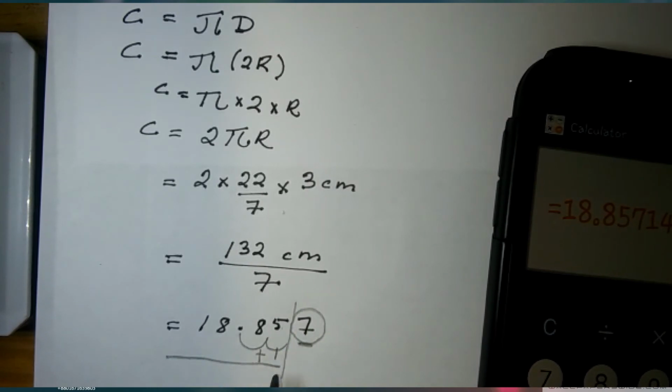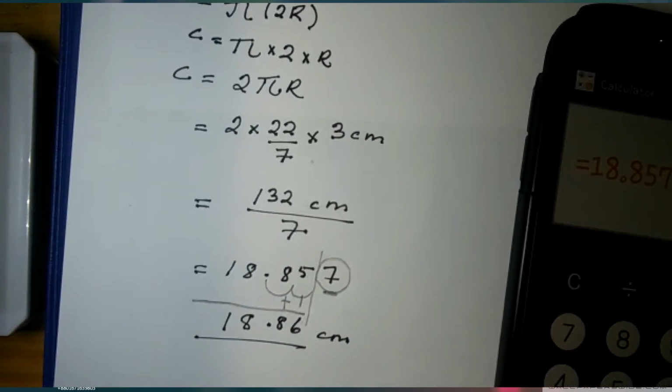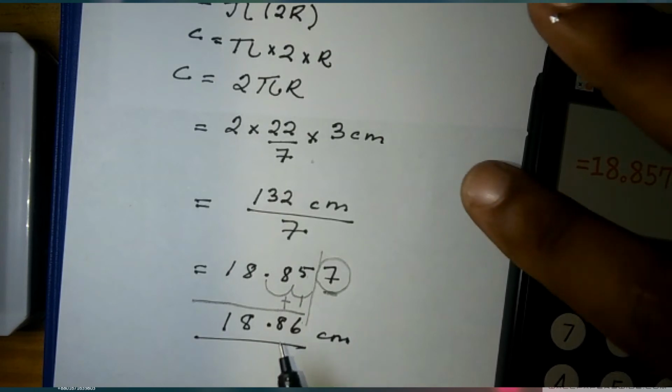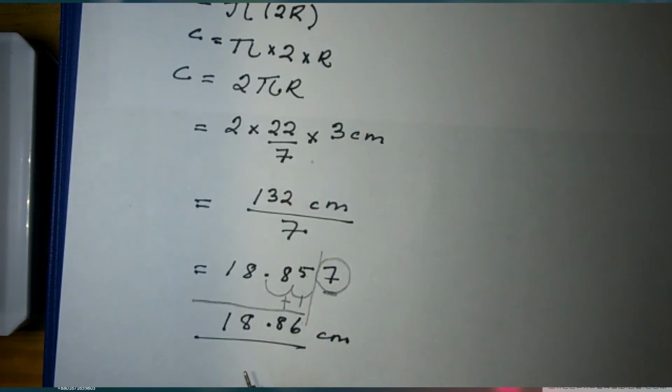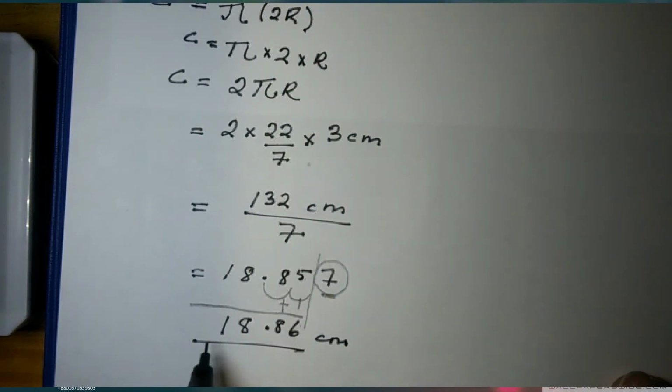So 5 plus 1 will give me 6. And then I'm just keeping 18.86. And remember, we're dealing with centimeters. So when I'm finished, my circumference, or the distance around the circle using the radius, is 18.86 centimeters.